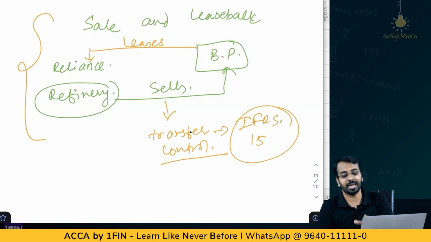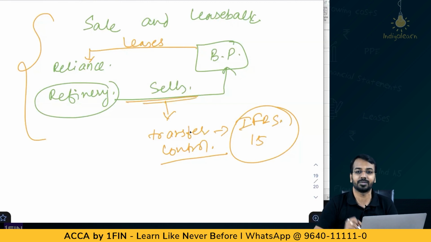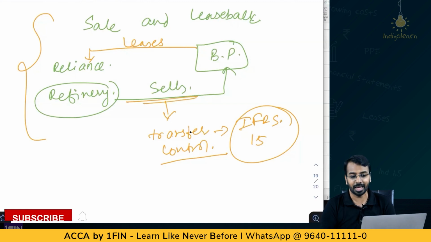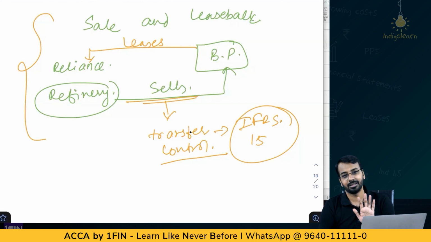Then you will recognize the transaction as a sale and you will account for the lease back transaction as per IFRS 16. So if the sale transaction meets the criteria of sale as per IFRS 15, then you will recognize the sale and you will recognize the lease back separately.